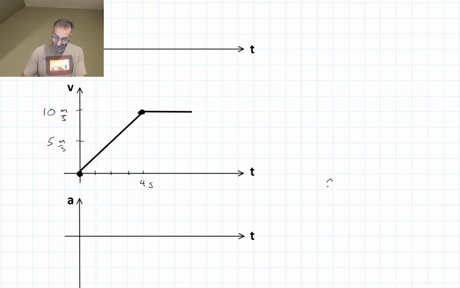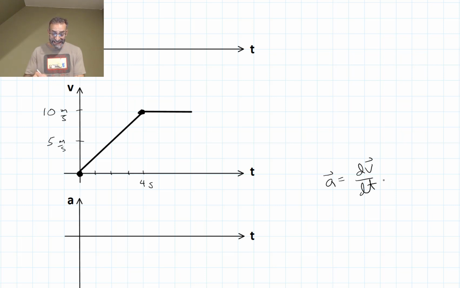We know that the acceleration is the time rate of change of the velocity function. So that means it's the slope of the velocity function. That's the instantaneous acceleration.